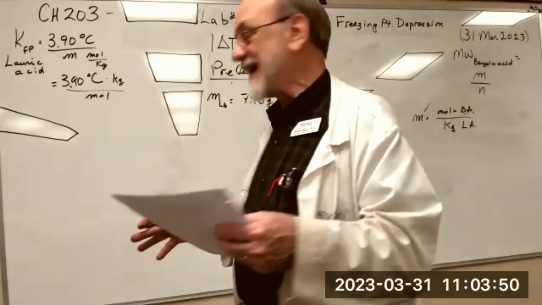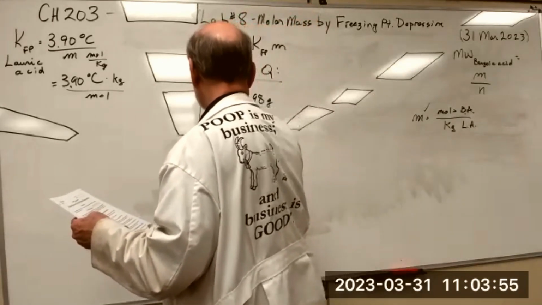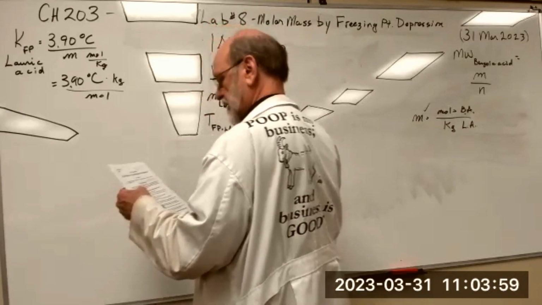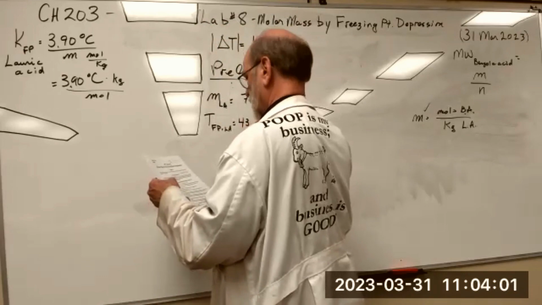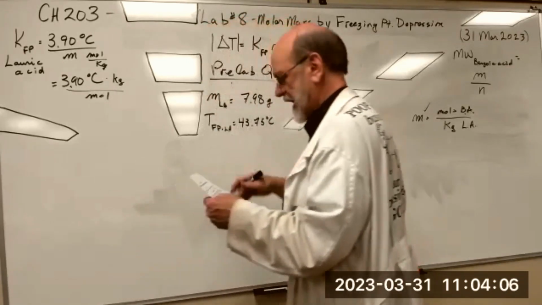That's pure lauric acid. So the freezing point temperature of lauric acid is equal to 43.75 degrees C. That's pure lauric acid.